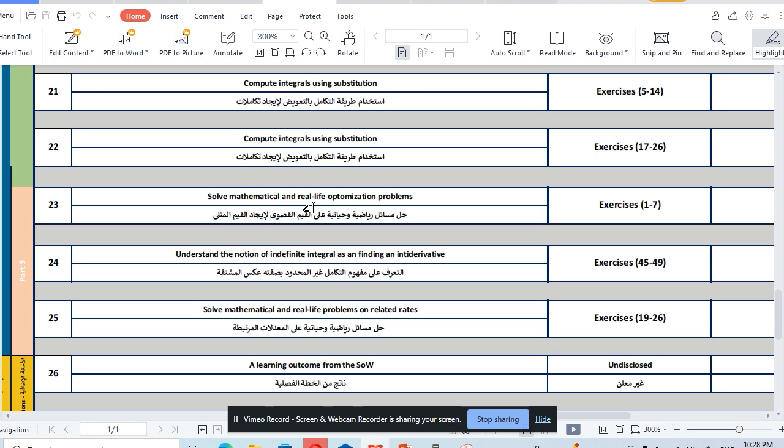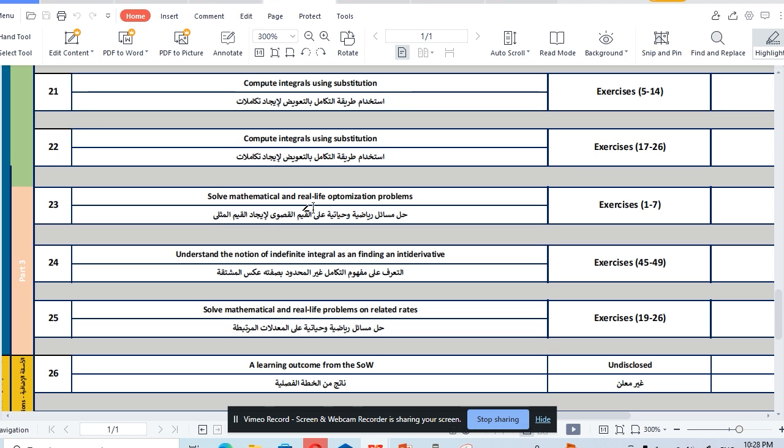So for me, the steps for solving a question about optimization: it's very important to read the question carefully, to write all the relations that you can find in the question. Now, before starting to find the derivative, try as much as possible to have only one variable.